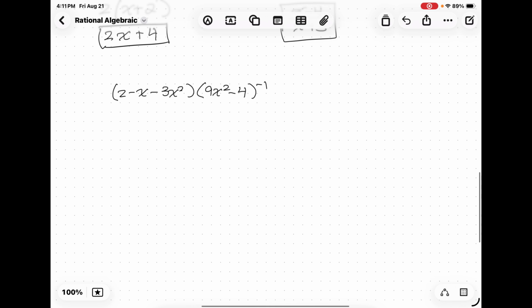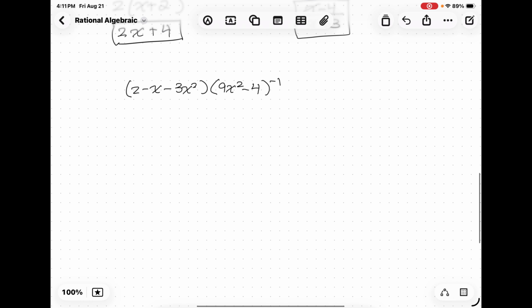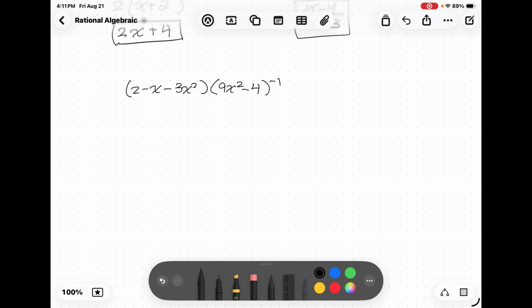One more. Same thing we're considering here. We just got this tricky little notation or how this is set up. We don't have the fraction. It's not set up as a fraction, but it's hidden here, right? Because that -1 is telling me to do the reciprocal of the factor that it's applying to.